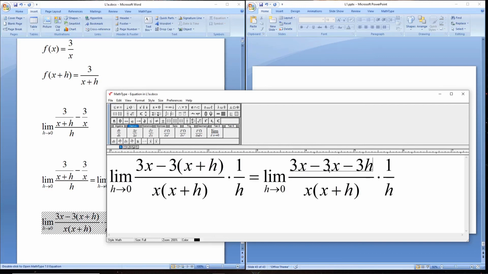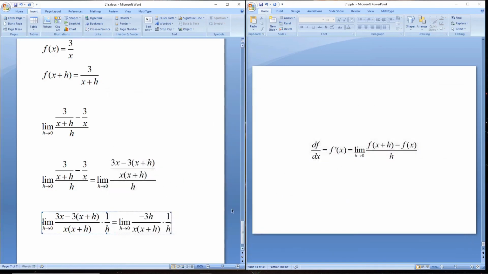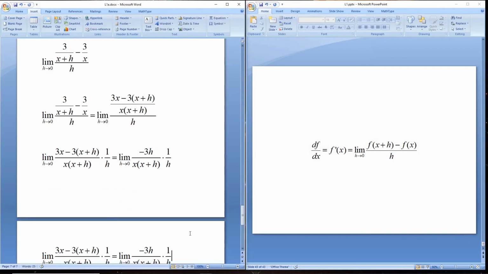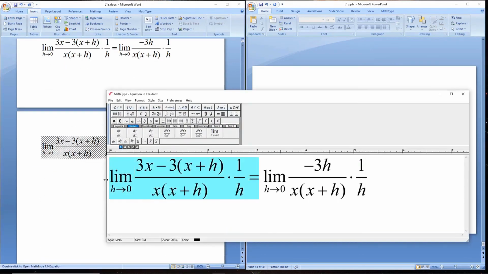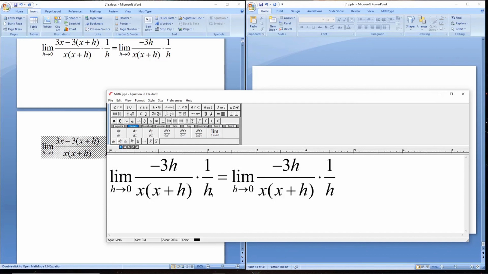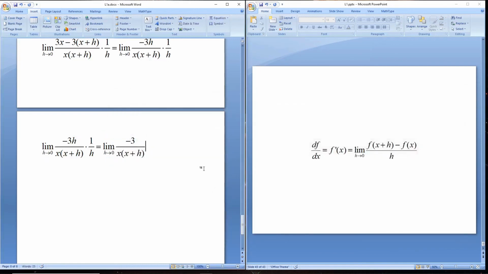And then these 3x's subtract out. And what else can we do? Well, these h's divide out. And there's our limit. There's nothing more to simplify.